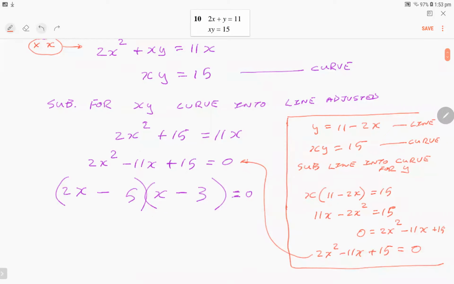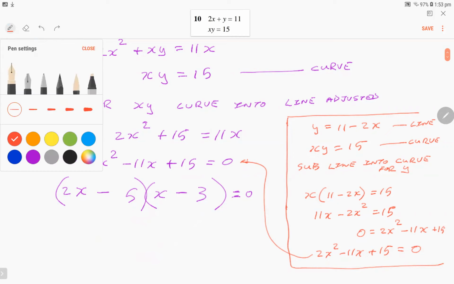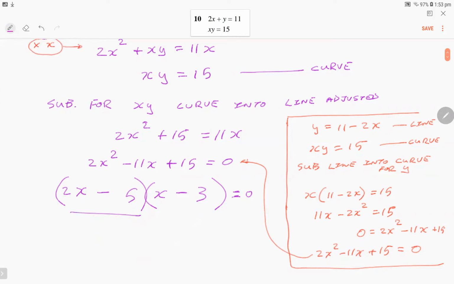All right. Now, back to the equation. This half of it is giving me that x is equal to 5 over 2. This half of it is telling me that x is equal to 3. Remember, don't finish it, you have to find the corresponding y value.